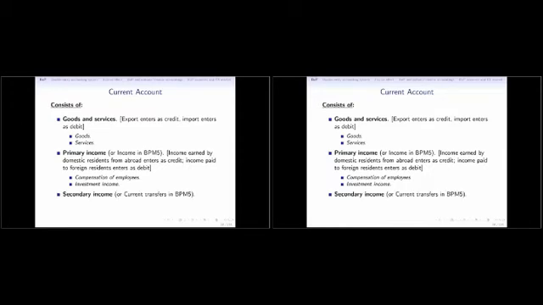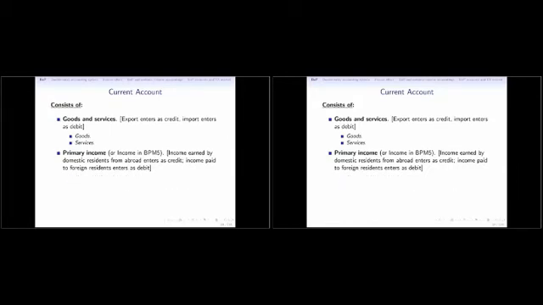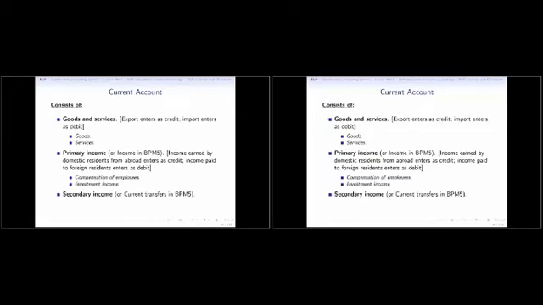Another category within the current account is called secondary income. So primary income is working income, based on working activities or investment activities. Secondary income is different. It's based on transfers. The nature of secondary income is transfers.